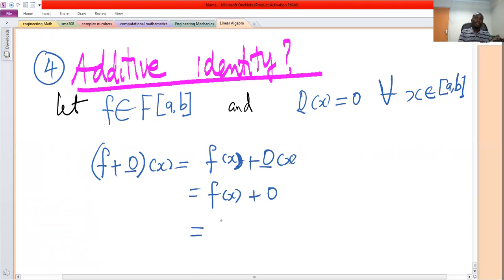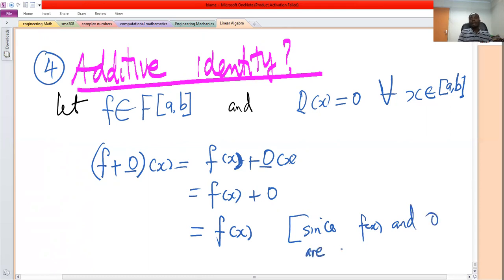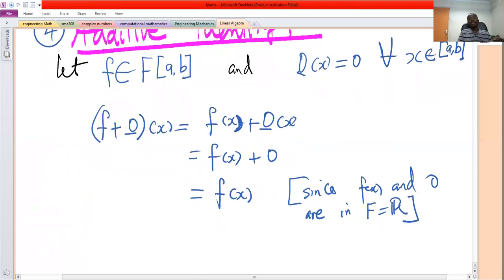And this is f of x since f of x and 0 are in F. And we know when we add any real number to 0, we get the same real number.